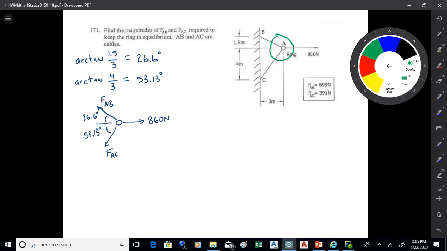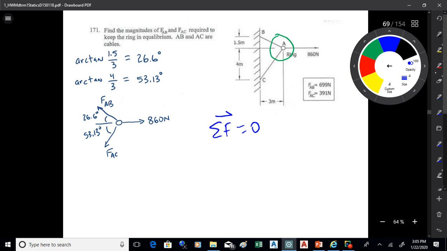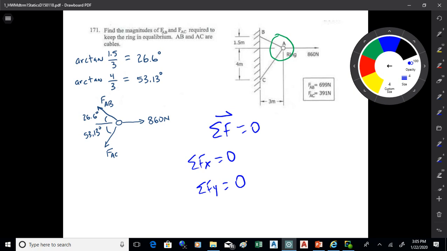All right, now the way you approach these is you go sum of F is 0, and really that's a vector equation. So there's two versions of this that you can use. Sum of Fx is 0, and sum of Fy is 0. So that's two equations. So the thing to do then is to use some trigonometry there.